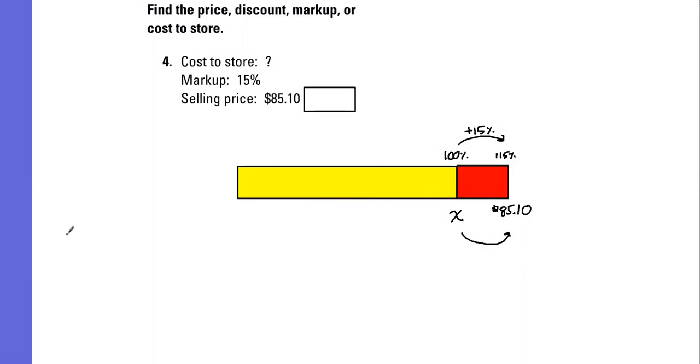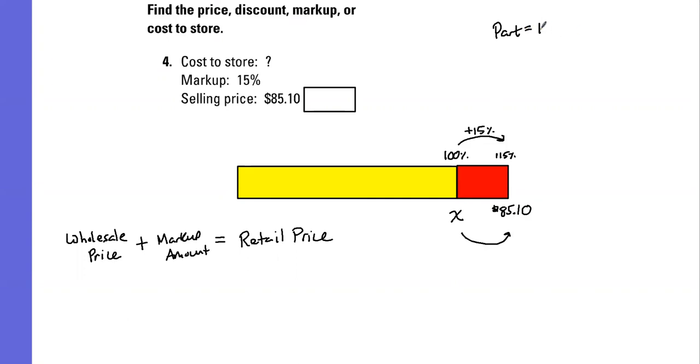Okay, so let's just remind ourselves of some formulas here. Our one formula that was shared earlier was that our wholesale price plus my markup amount will equal my retail price. Another key important formula here is the general idea of my part always being some percent of my whole.